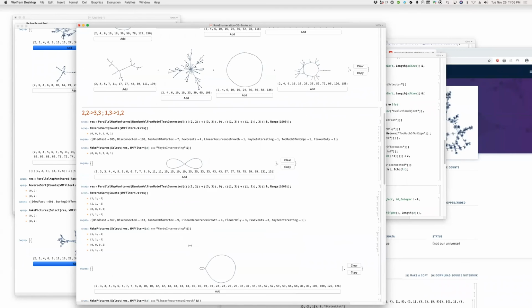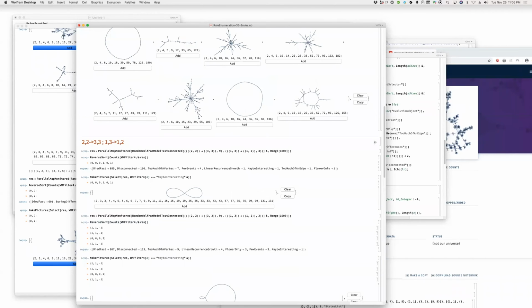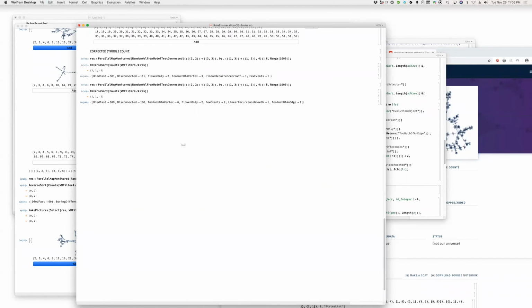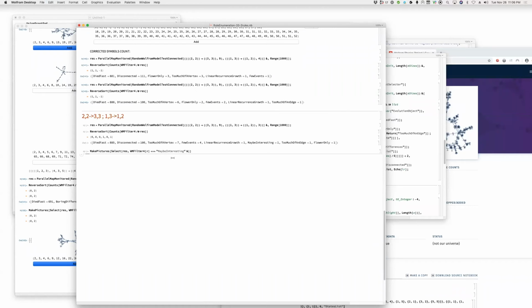Okay, what would you like to try next? Then I've got another idea. What should we try next for the 2 rule case? Should we try 2 goes to, let's say, anything that grows here, we could go 2 goes to 2 3, right?